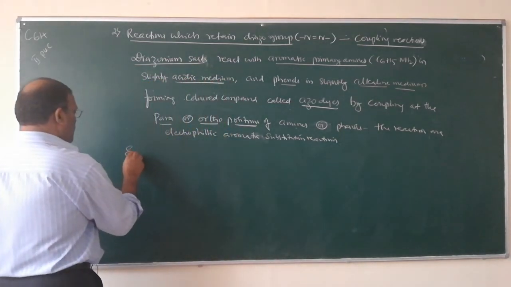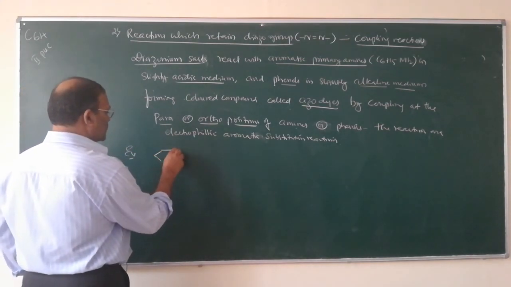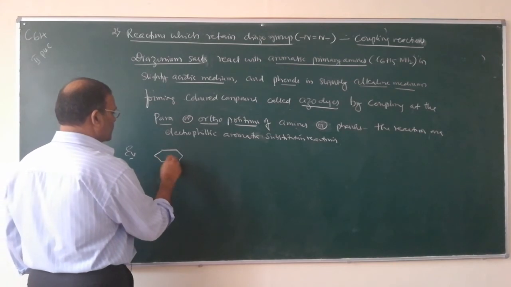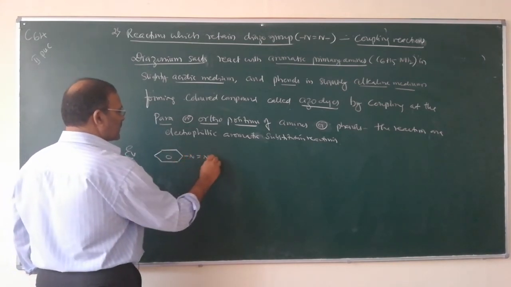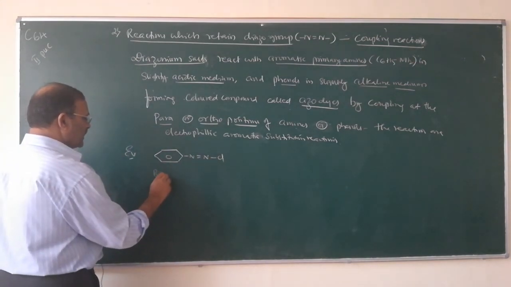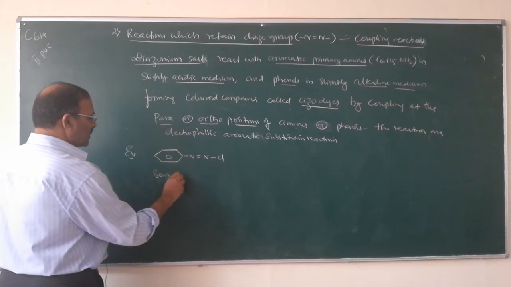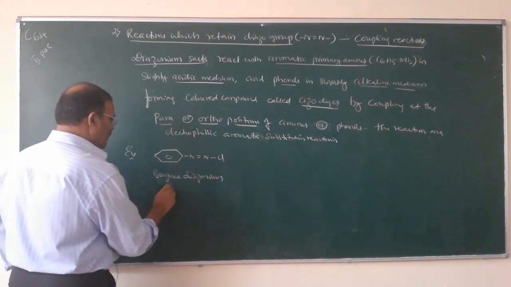For example, we have benzene diazonium salt here: N double bond N Cl, benzene diazonium chloride.